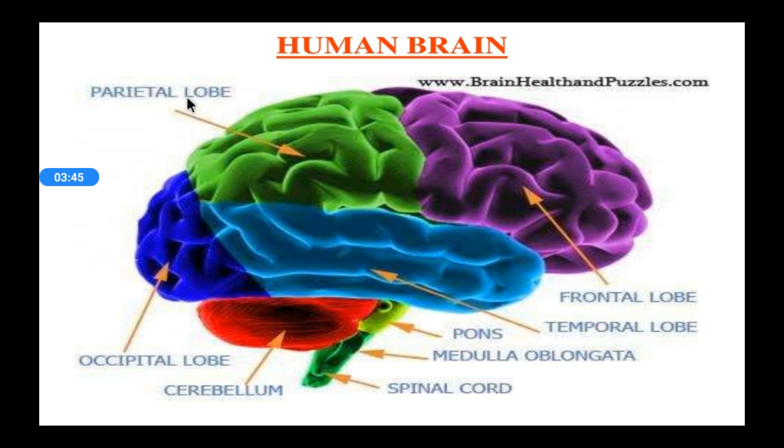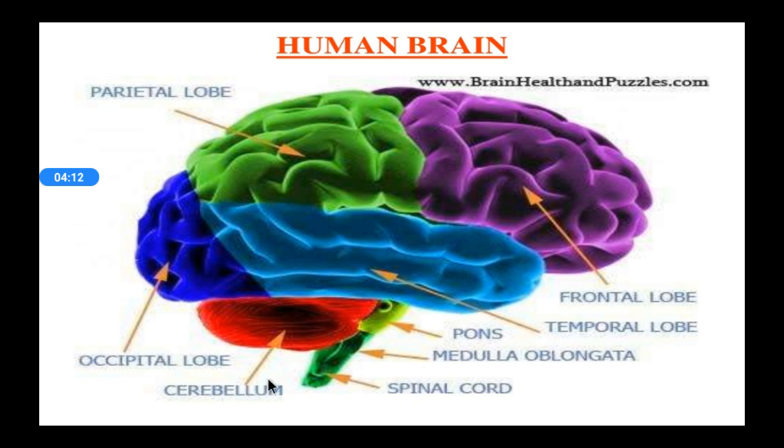The occipital lobe handles visual reception, what we see. The temporal lobe handles auditory reception, hearing. The frontal lobe controls muscular activities. So each part of the brain helps us do different functions in our body.